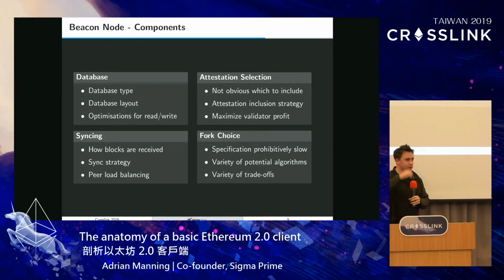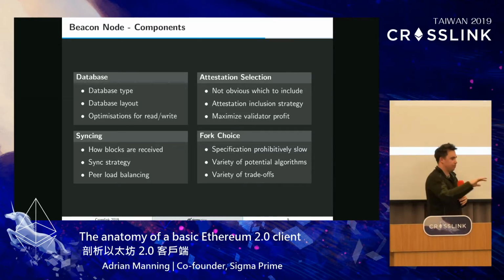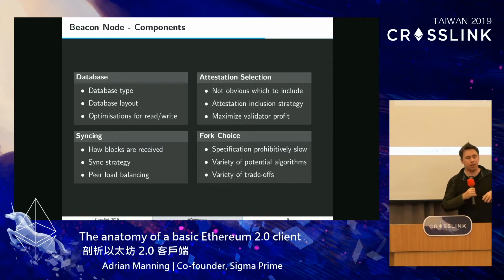Fork choice. We have an algorithm so that if a chain forks or diverges, we need to run an algorithm to determine, given our subjective view of the current state of the blockchain, which one is the longest, which is the canonical chain. The specification has a fork choice in it which is prohibitively slow, so none of the Ethereum 2 clients should use it.